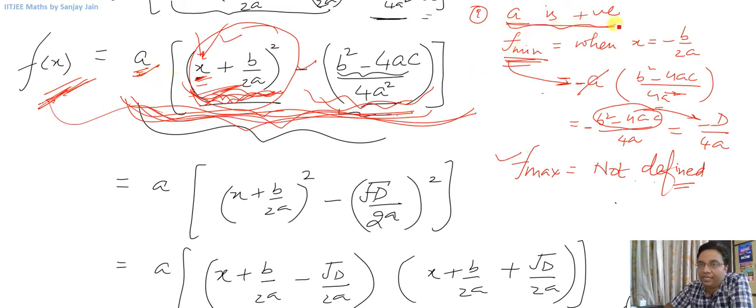That means when a is positive, the maximum is not defined, only the minimum value is defined, and the value will be minus d by 4a, and it will be at x equal to minus b by 2a. Let me create some more space and take the second case.